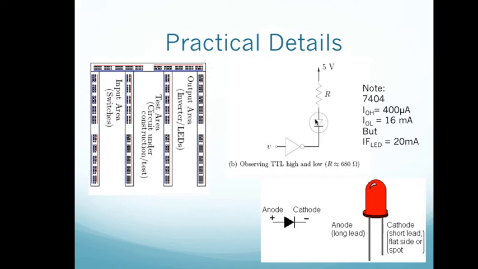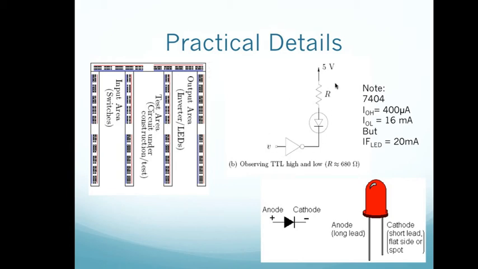So we actually have to flip the LED around and put the anode up here next to the resistor and the cathode down at the output. So what this does is it lights up when the output is low. Since I have an inverter here, it lights up when V is high.